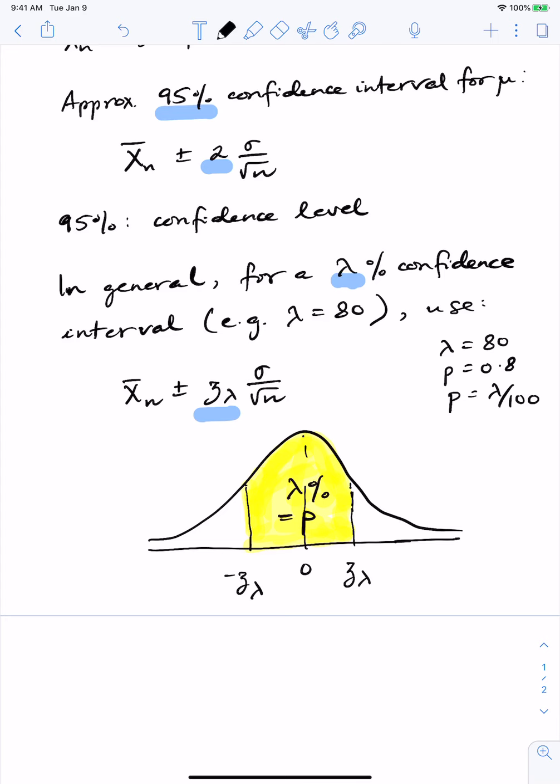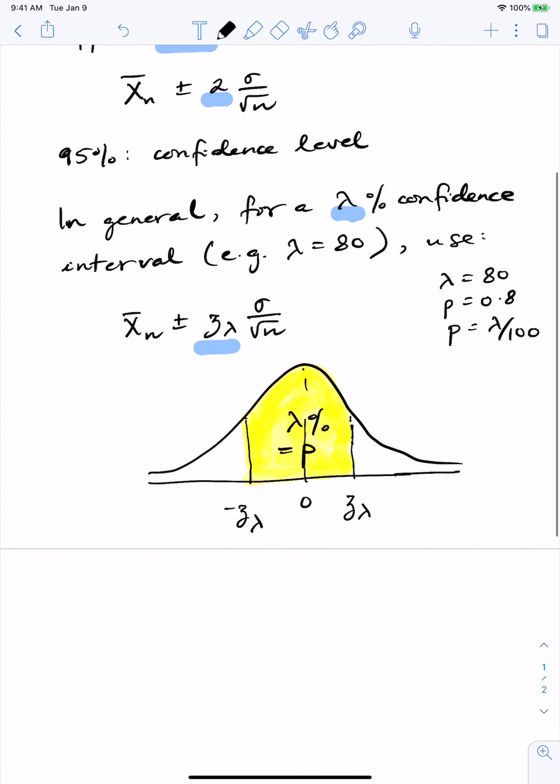Okay, so you have a p there, and you want to know what z is. Well, how are you going to find z lambda? You're going to have to use either your normal table or your statistical system, whatever it is, and that tabulates phi. It tabulates the CDF and the inverse of the CDF. So it helps to note, in order to find that z, you have to know all the area to the left of z.